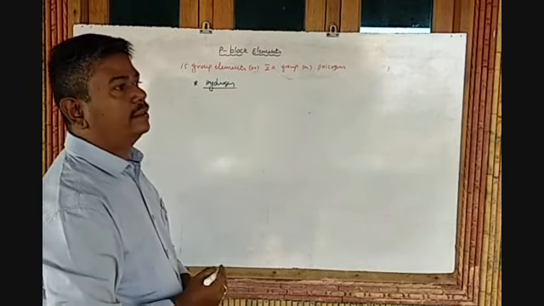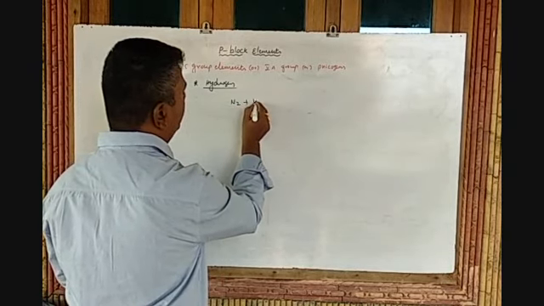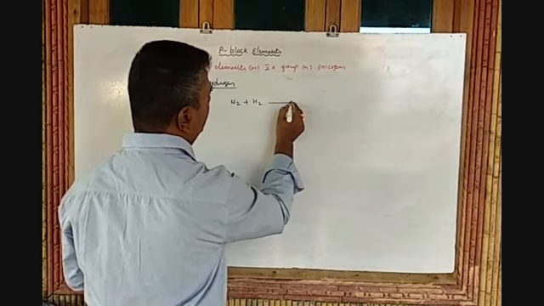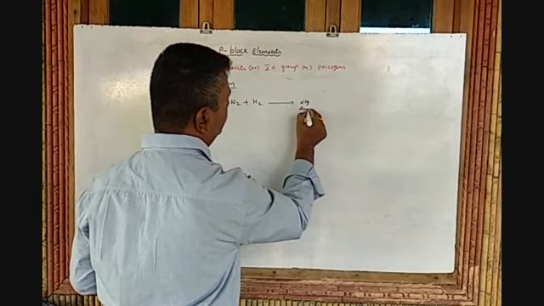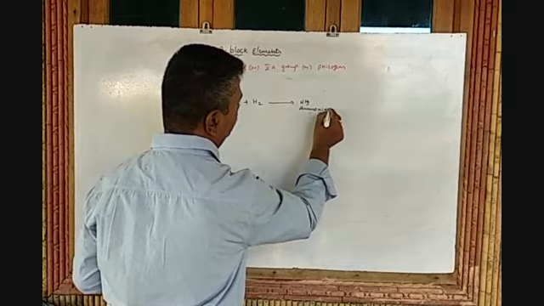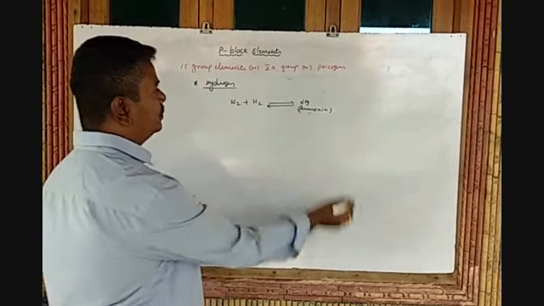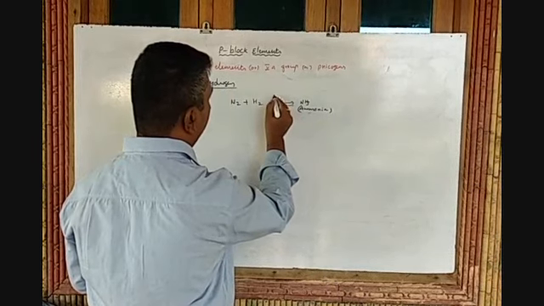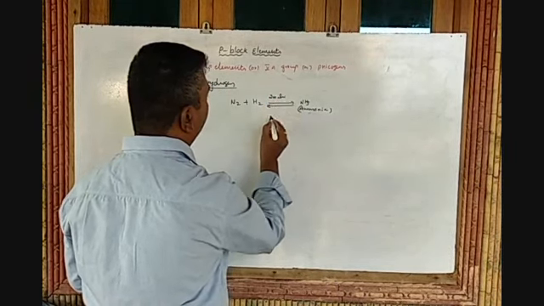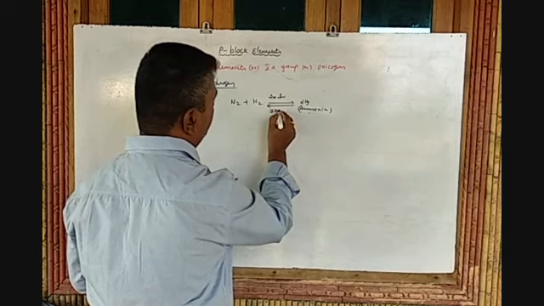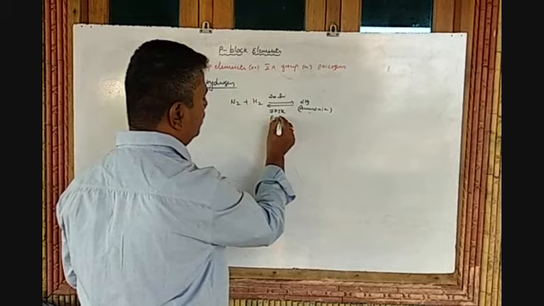So when nitrogen reacts with hydrogen, it forms ammonia. Under high pressure, that is near about 200 atmospheres, and near about 773 Kelvin temperature, and presence of a catalyst, iron molybdenum.